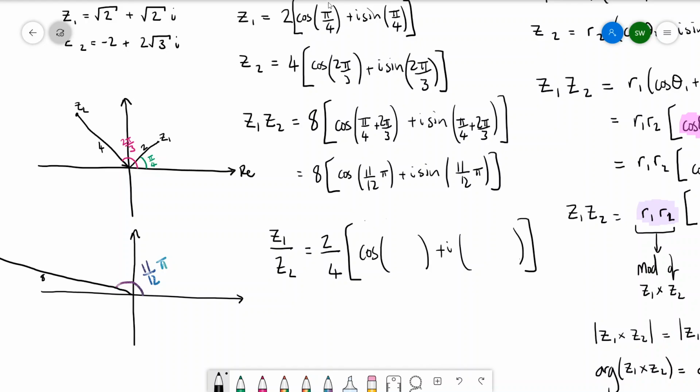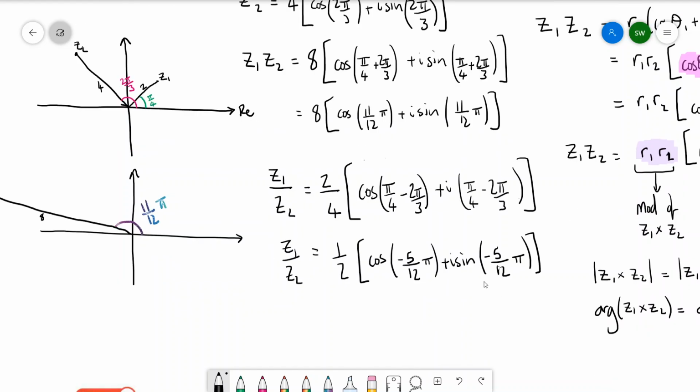So we're going to do the argument of z1, which is pi over 4, subtract the argument of z2, which is 2 pi over 3. So if you simplify that straight away, you know that if you divide the two complex numbers, you get another complex number which has modulus of half and argument of minus 5 twelfths pi.